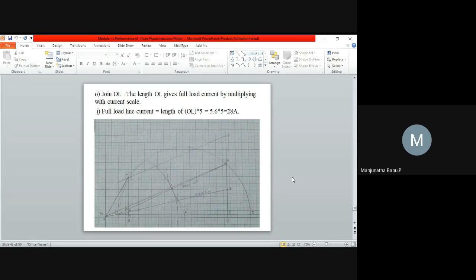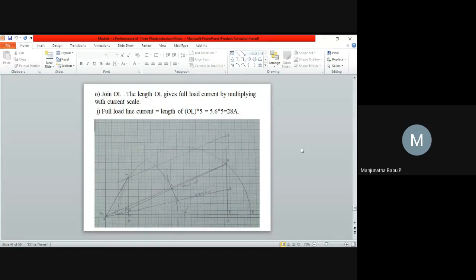So if you're getting 6 point some change, then multiply by the current scale. The current scale we considered as 5 amps, so multiply by 5.